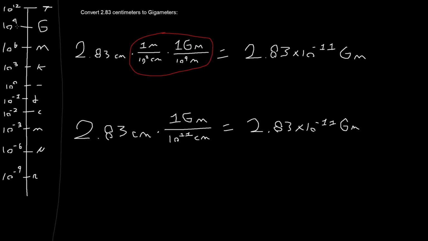Because I was going from -2 to 9, the distance is the absolute value of -2 minus 9, which is 11. If I were converting between teraseconds and nanoseconds, what's the absolute difference? We have -9 and -12, so now we have a difference of 21.